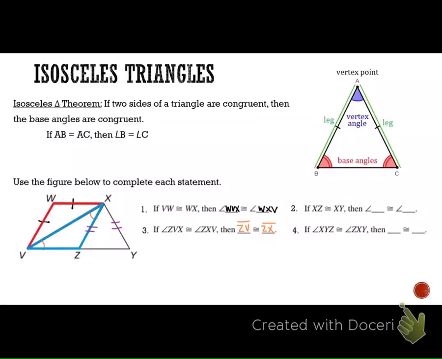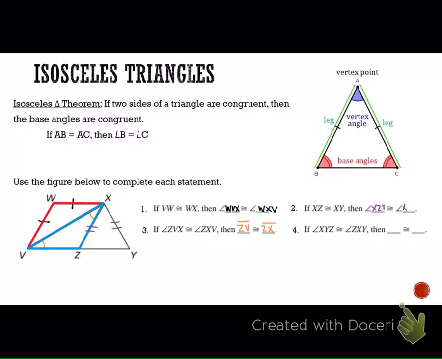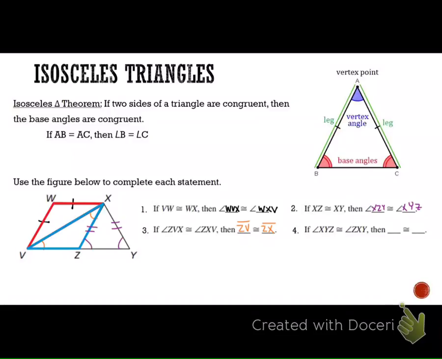Perfect. So XZY is congruent to XYZ. So let me just go back through these here. These 2 are congruent because of that. And these are congruent because of that. And these are congruent because of that.